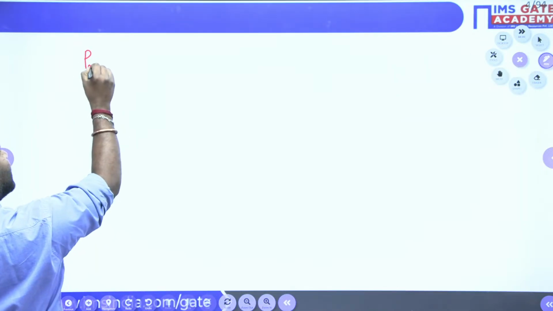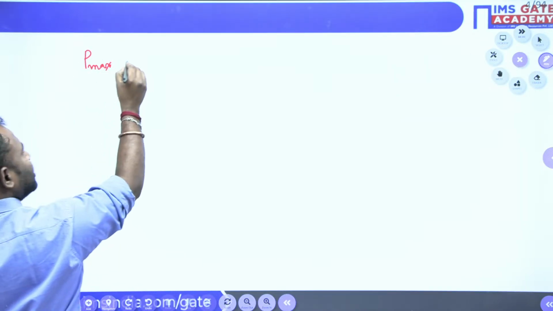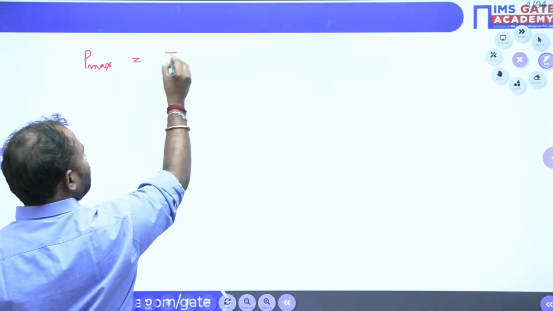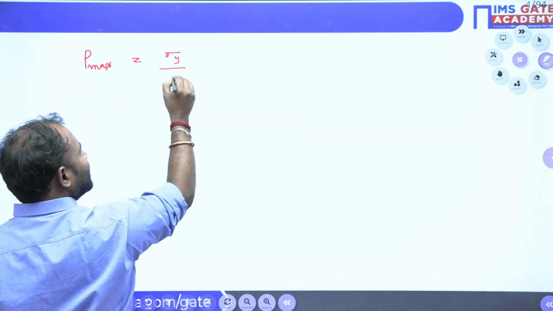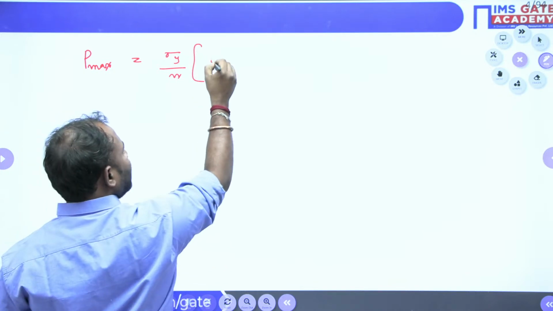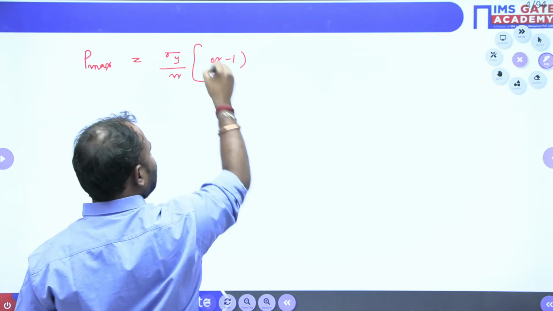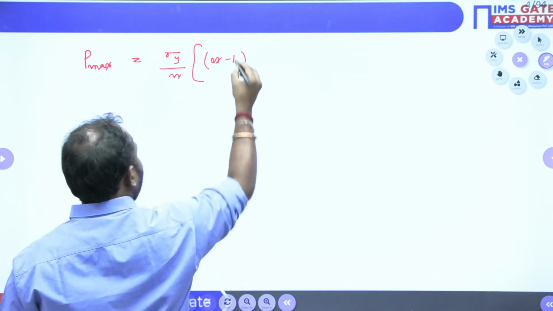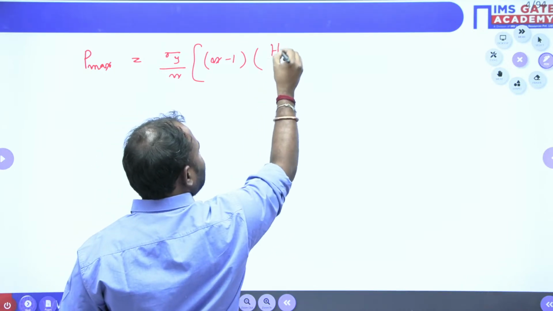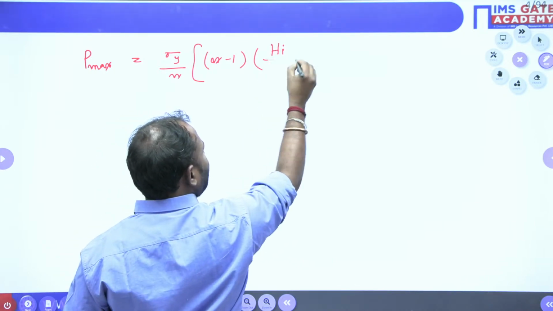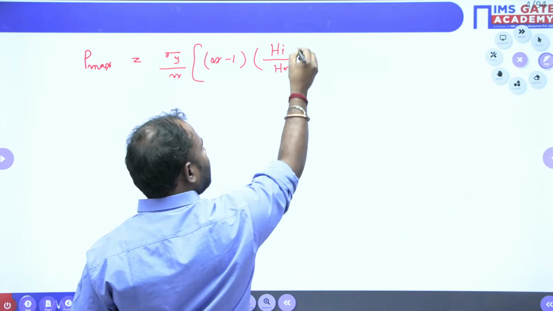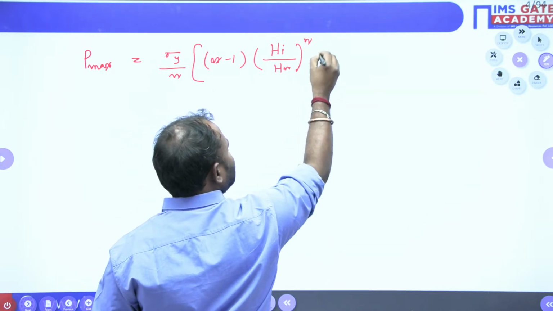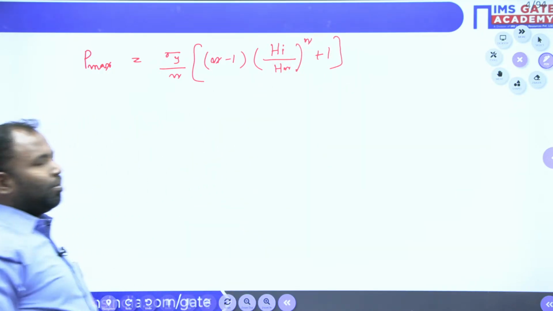Maximum pressure in rolling, either in the lagging zone or leading zone, is equal to sigma y divided by n into n minus 1 into h initial or h naught divided by hn, whole power n plus 1.